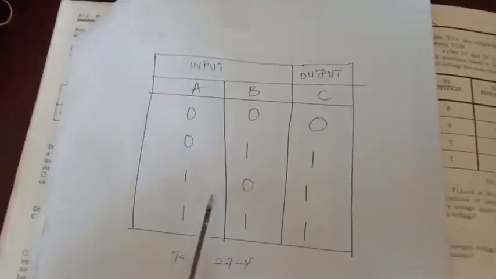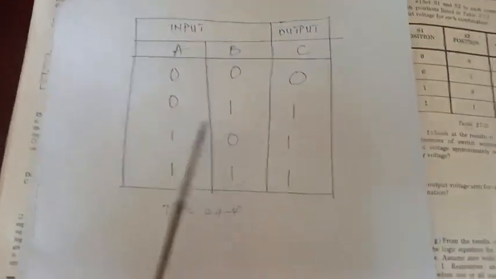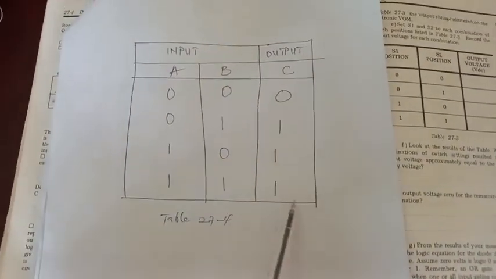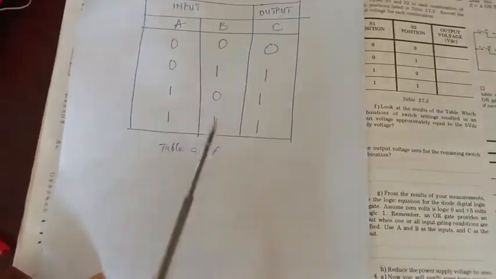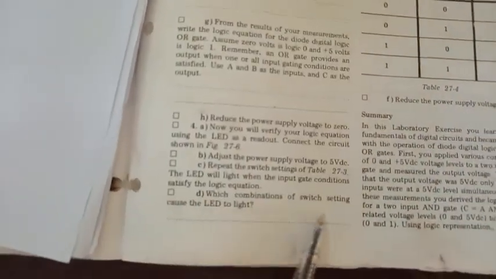You can see that our LED lights when either or both of the switches are on. We have our LED to be on. So we have 1 when either or both of the switches are on, that's what they asked us at question 4D. Which combination of the switch setting cause the LED to light?